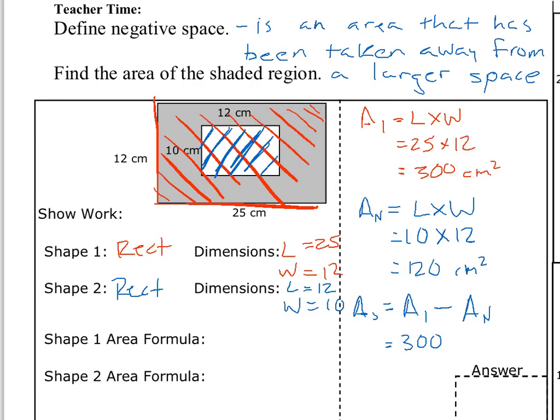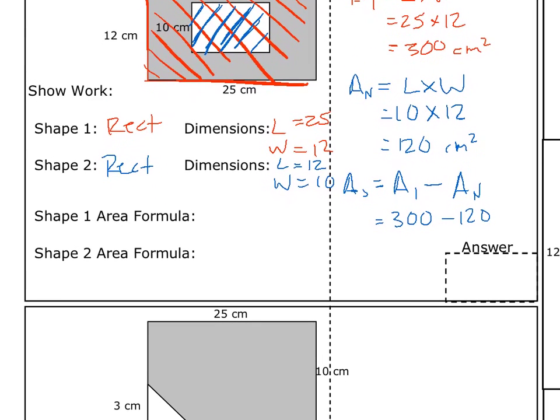So that's 300 minus 120, which is going to give me 180 square centimeters. So that's the area of the shaded region. Wait, so we don't do the area formula? We didn't write it.